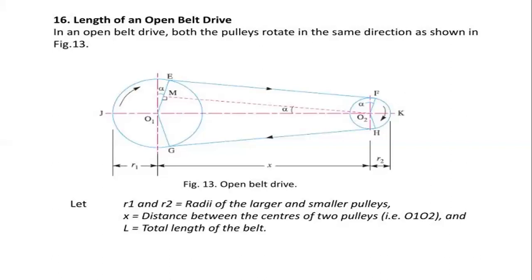Let the points be taken from the angle we have observed here: a triangle, O1 M O2, is taken here, and JK is the line of the axis.